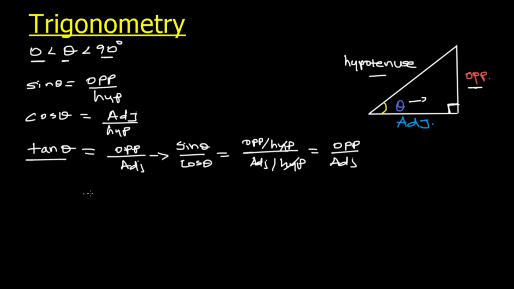We can use a shortcut that is called SOH-CAH-TOA. Here S stands for sine of theta, O stands for the opposite side, the length of the opposite side, and H stands for the hypotenuse.